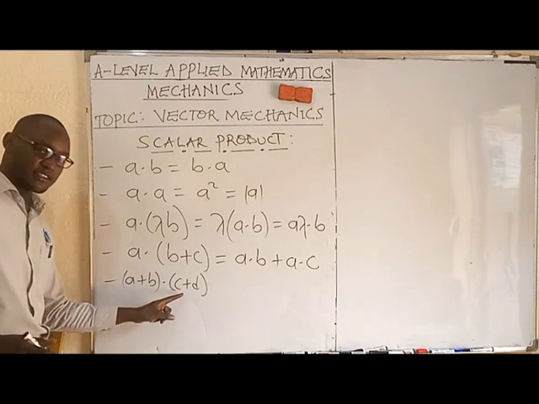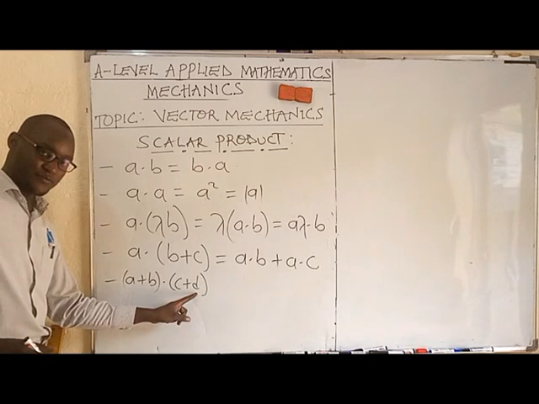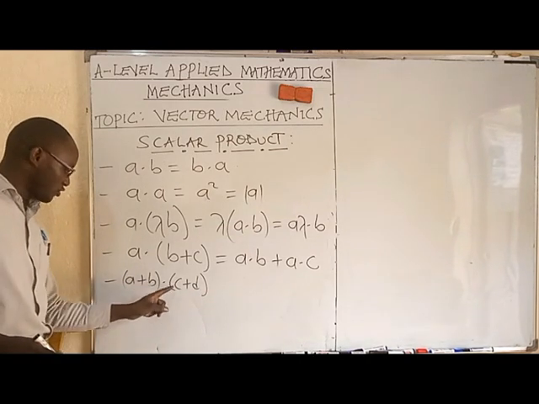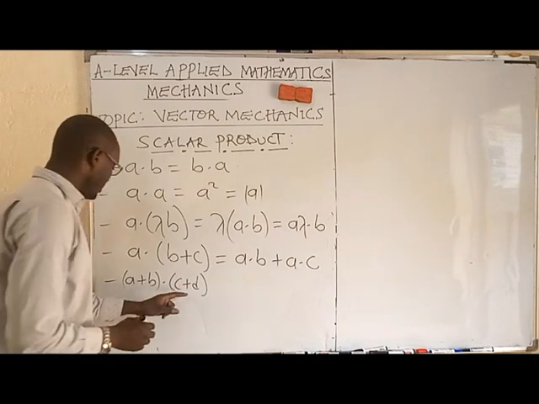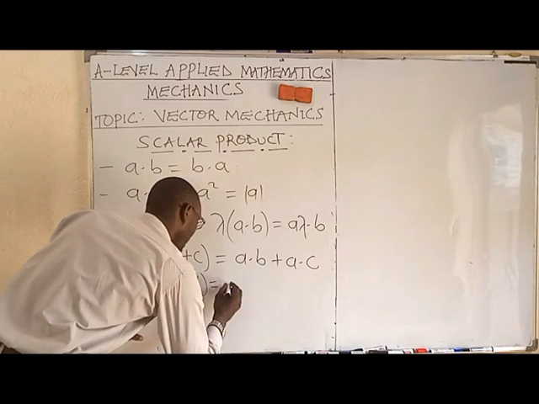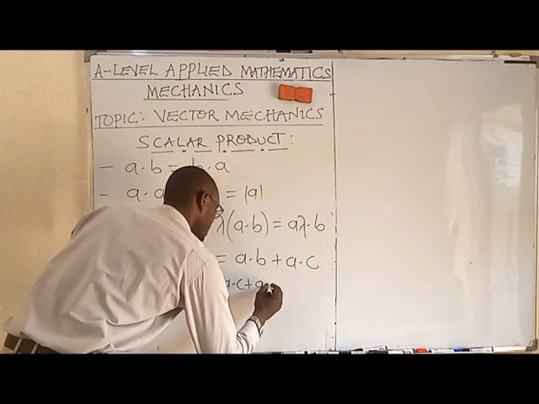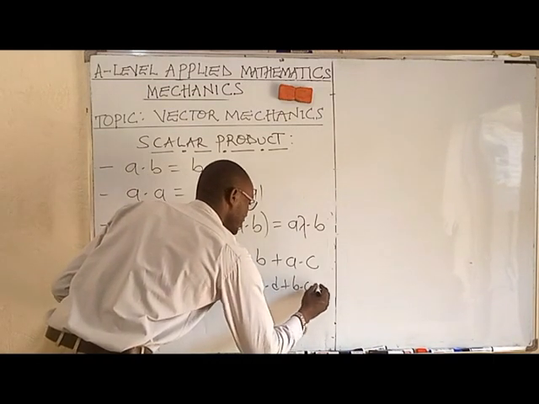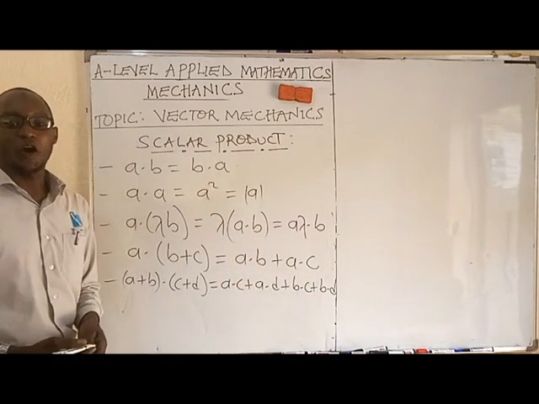A is going to dot with C, and the same A is going to dot with D. But taking into account the signs, B is going to dot with C, and the same B is going to dot with D, such that we have A dot C plus A dot D, then plus B dot C plus B dot D. This is very, very correct.